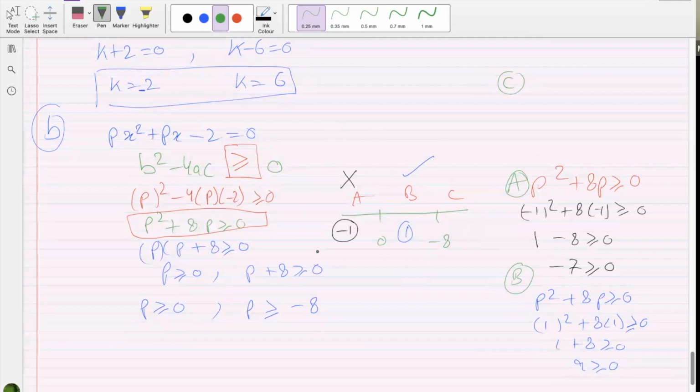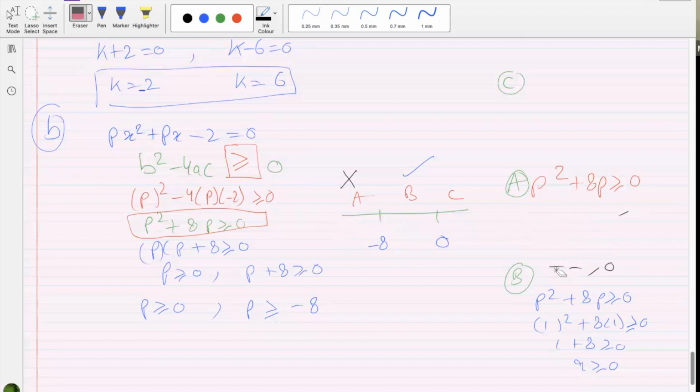Okay, I made a mistake and you didn't mention it. 0 must be on the right hand side, negative 8 over here. So minus 1, we cannot choose minus 1. It should be less than minus 8. Changing it quickly.